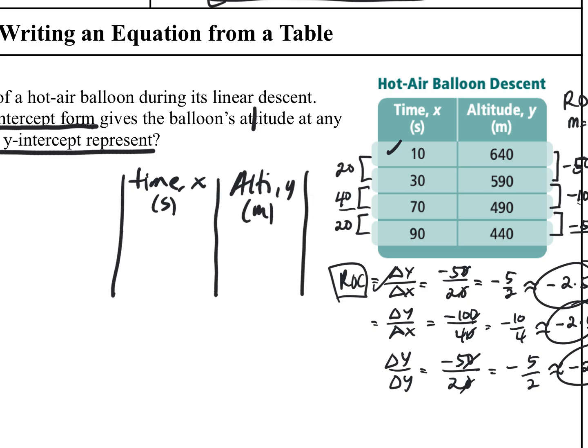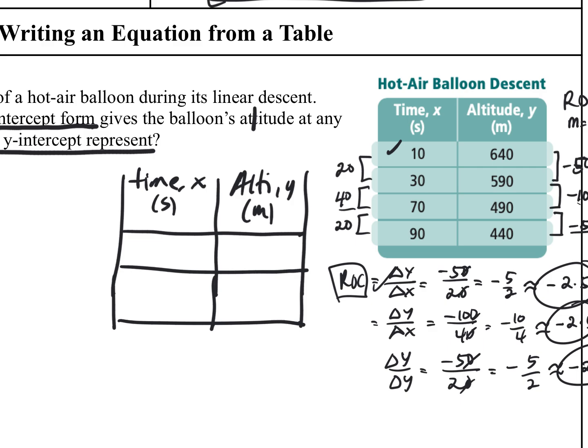Let me start from this point: it started at 10 seconds, and this gives you 640 meters as altitude. But what do you think is going to be the altitude when the time is 0? This is going to be a very nice thing to discuss.